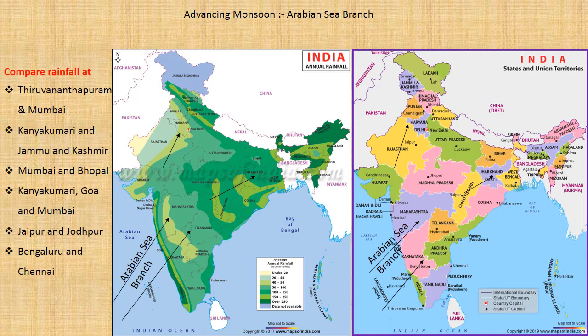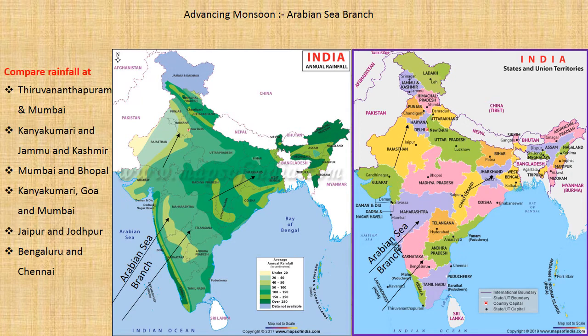Both the places are located on the coastal areas, but the rainfall at Thiruvananthapuram will be more compared to Mumbai because the Arabian Sea branch will give more rainfall to Thiruvananthapuram as it moves from south to north part of our country. Mumbai lies to the north of Thiruvananthapuram, so Arabian Sea branch will lose moisture till it reaches Mumbai.